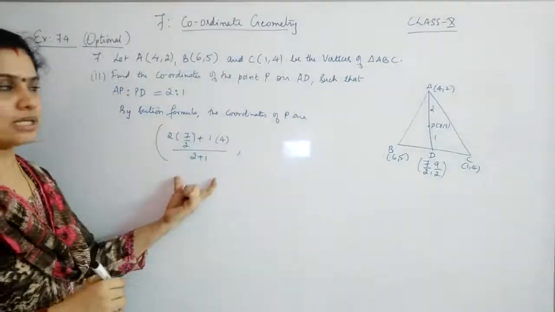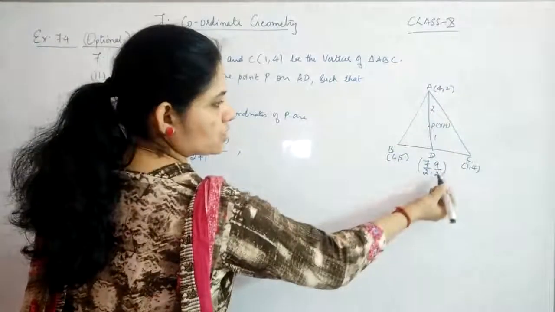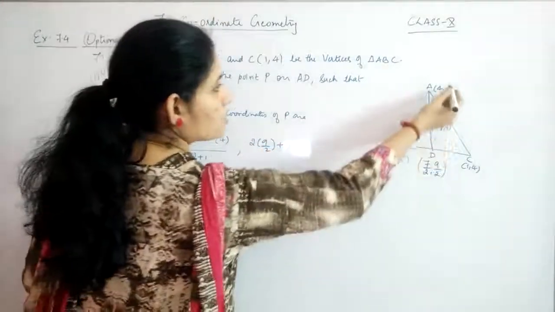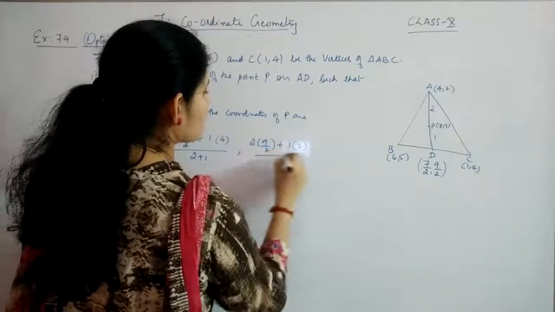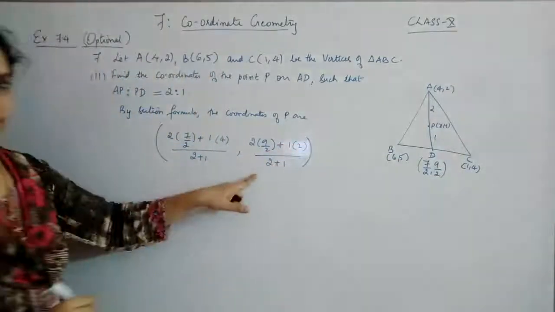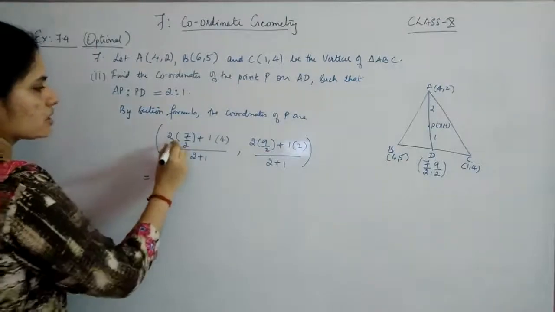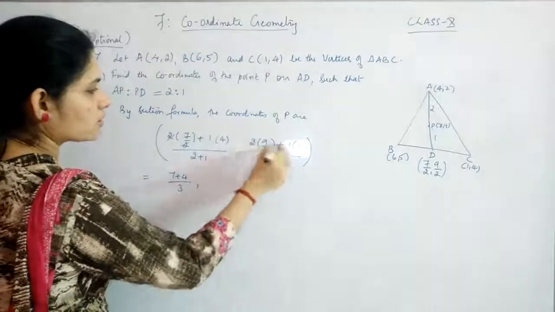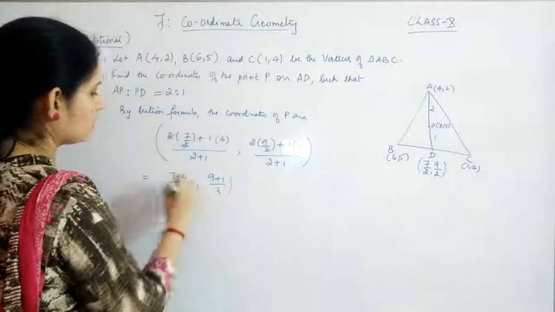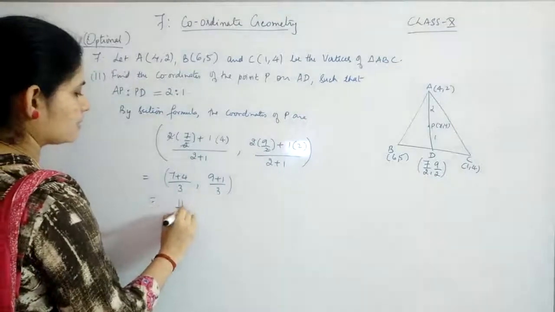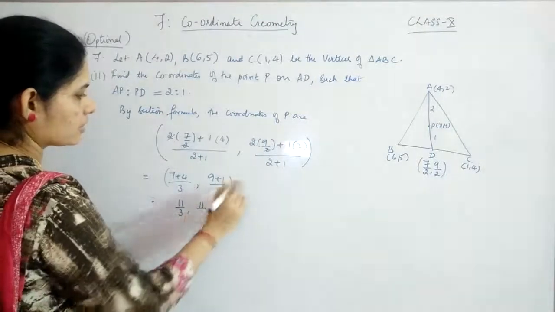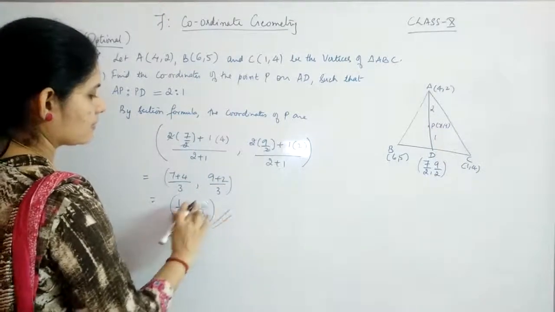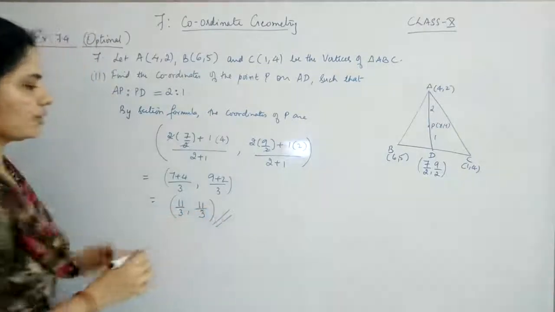That will be your x coordinate, and the y coordinate will be 2 into 9 by 2 plus 1 into 2 divided by 2 plus 1, that is M1 plus M2. This is equal to 7 plus 4 by 3 comma 9 plus 2 by 3, that is 11 by 3 comma 11 by 3. Both x and y are the same.